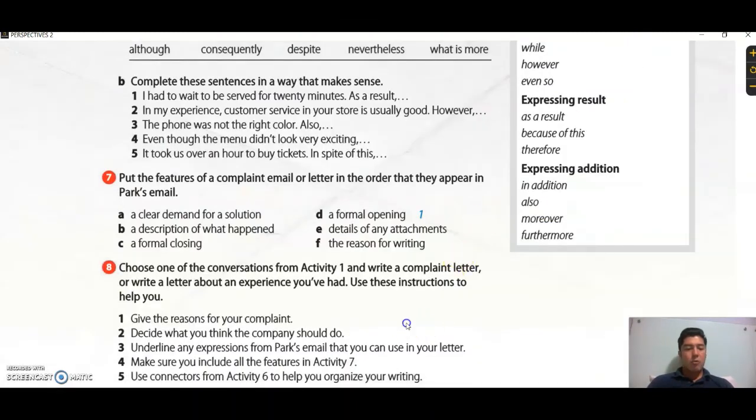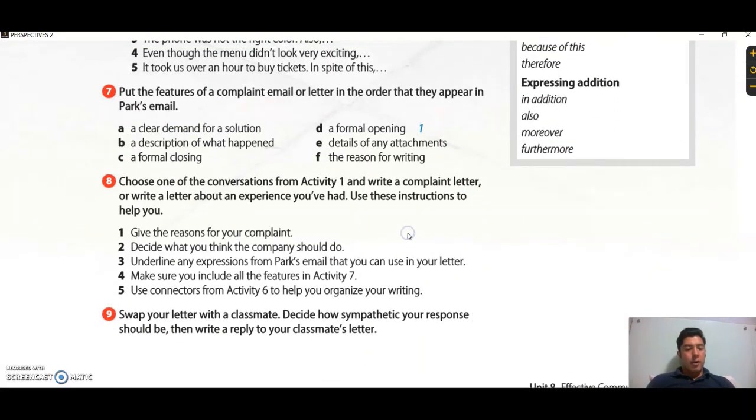Now let's go to the last exercise, 8. Let's read the instructions. Choose one of the conversations from activity 1 and write a complaint letter, or write a letter about an experience you had. Use these instructions to help you. So guys, in this part it will be like a little homework.